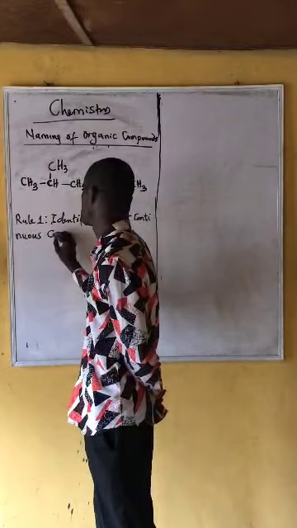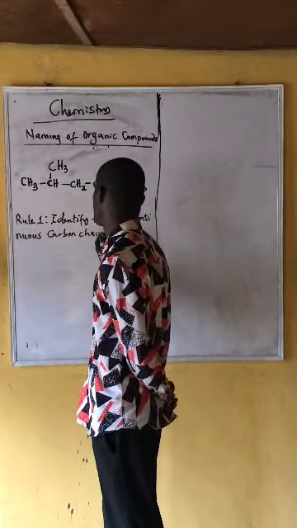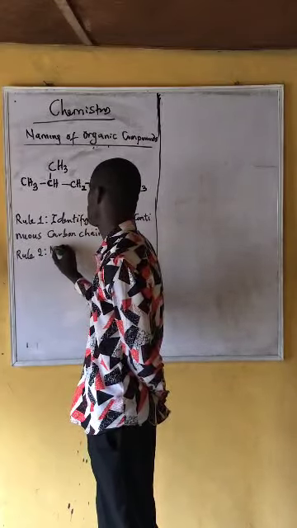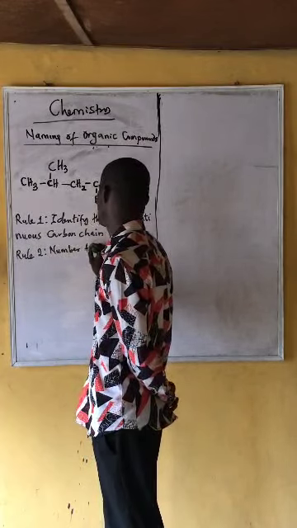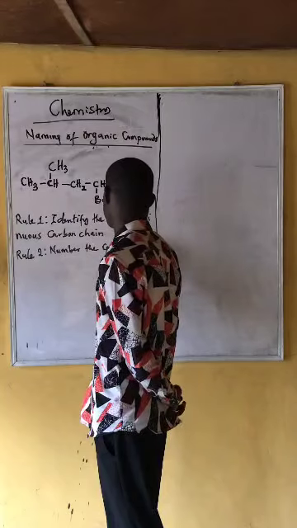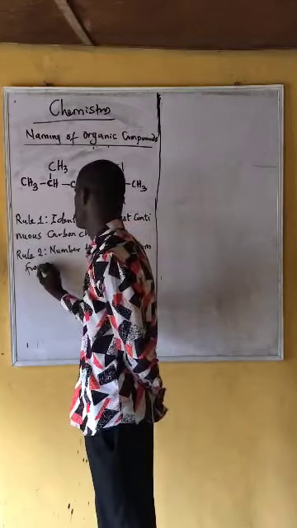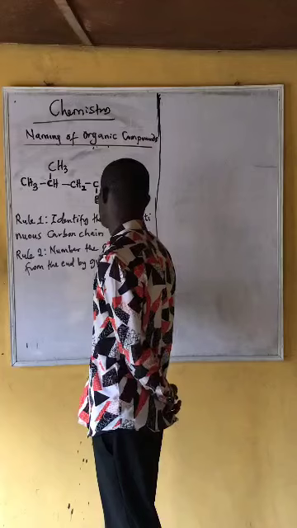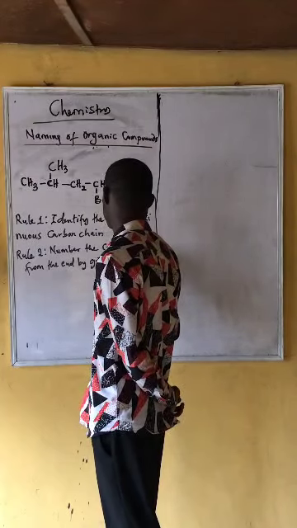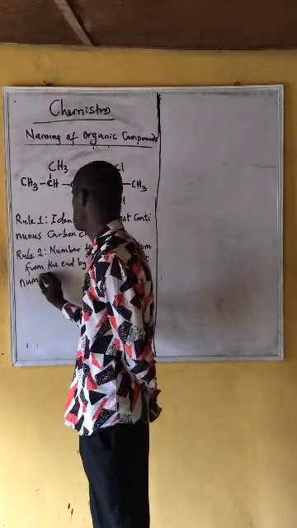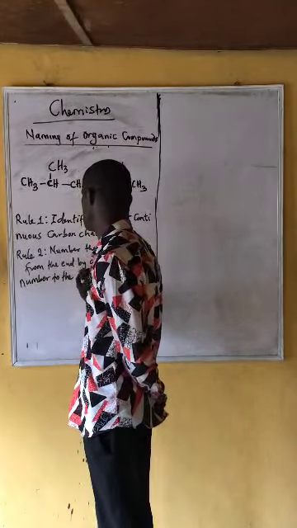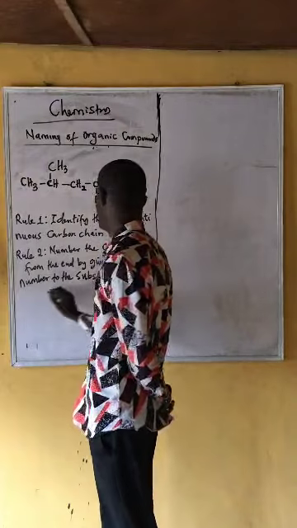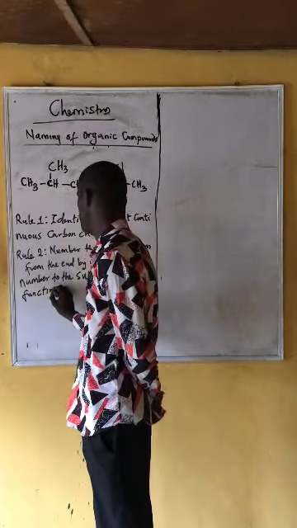Then rule number two, number the carbon atom from the end by giving the lowest number to the substituent or functional groups.